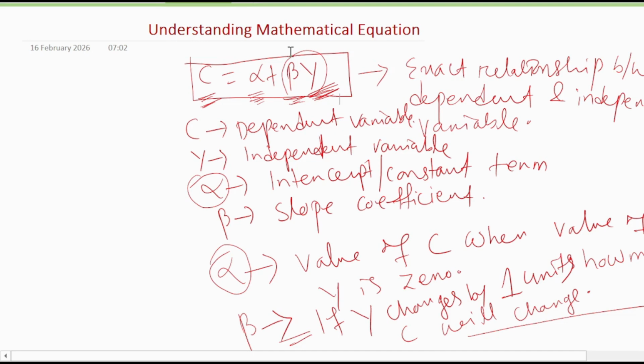Now we'll take one example from economics and try to explain that with the help of the mathematical equation. So here we'll take the consumption theory by Keynes, Keynes consumption theory.